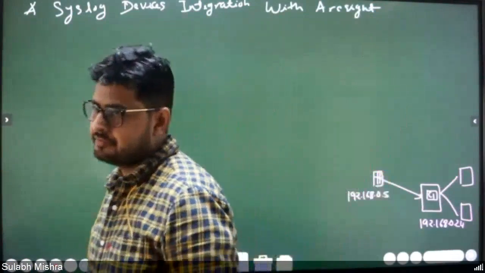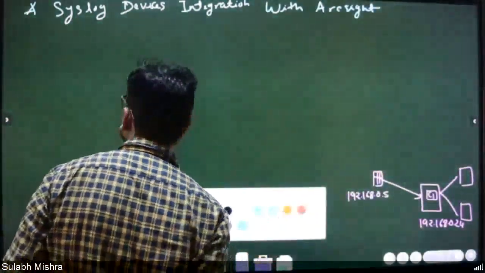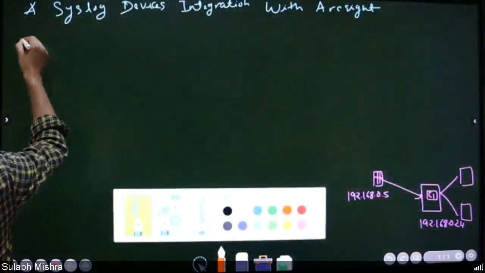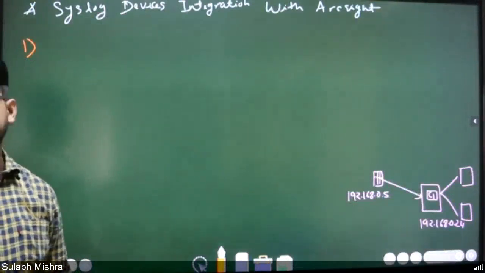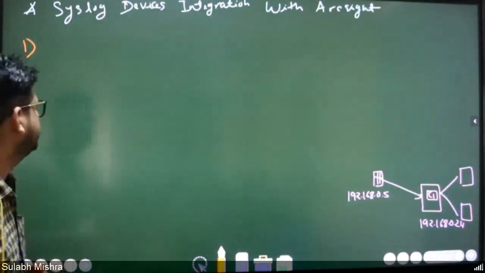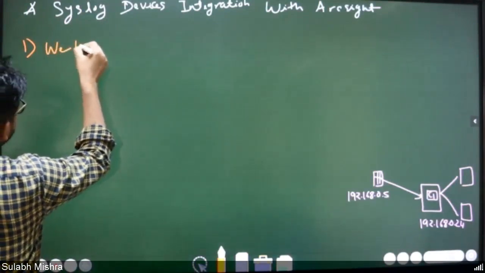Okay, right? So the first step is we have to check whether the device that you are integrating is supported by Arcsight or not. First of all, we have to check.